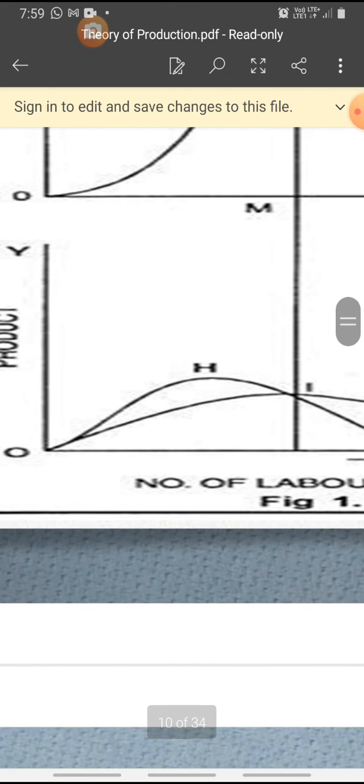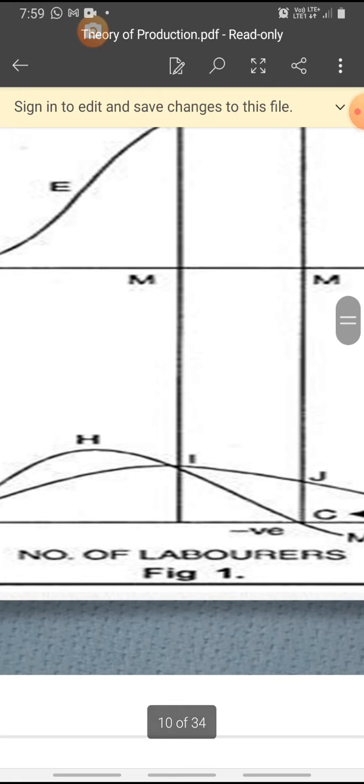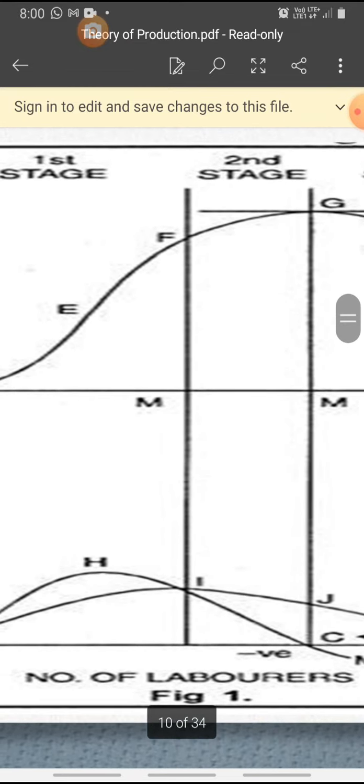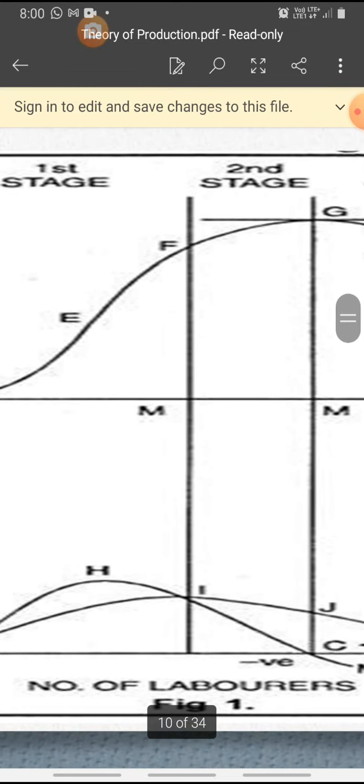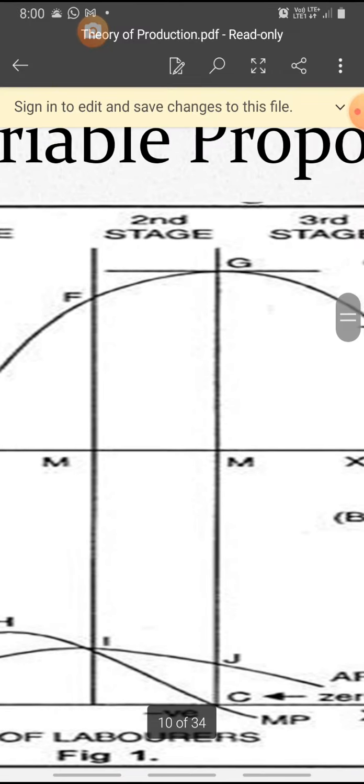This is the point where, in the first diagram, TP reaches the point E. Point E is the inflection point, where average product and marginal product are the same. It is an increasing stage.